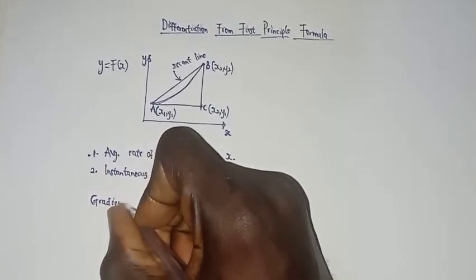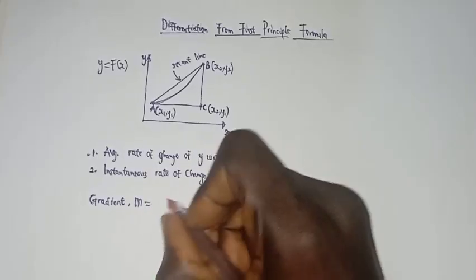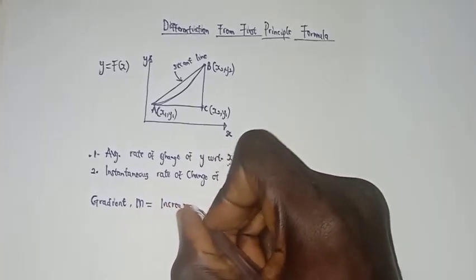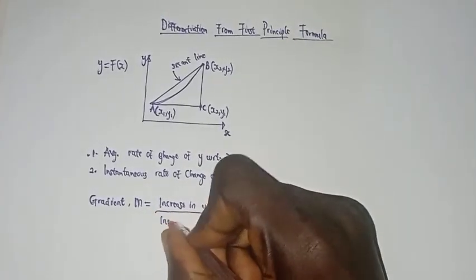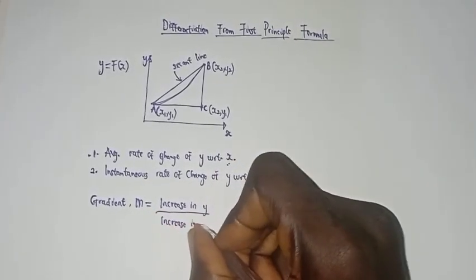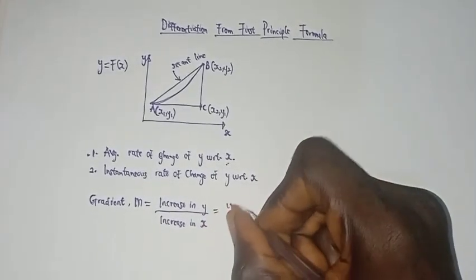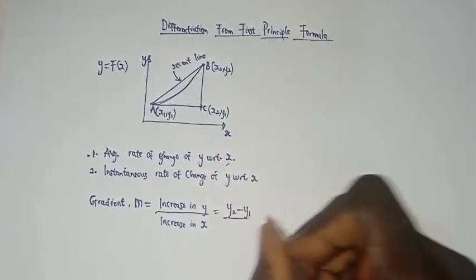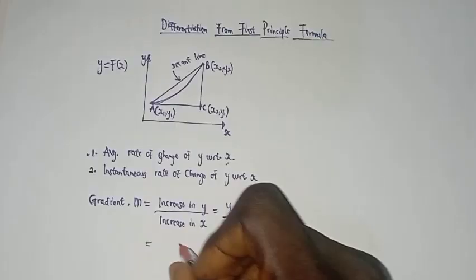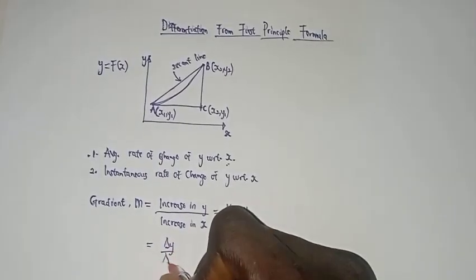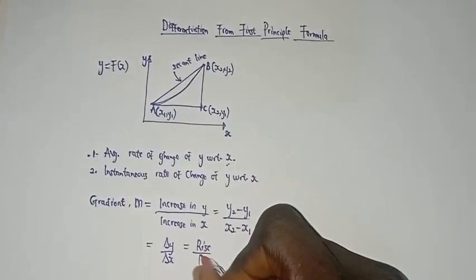It can be represented as m equals the increase in y all over the increase in x, or y2 minus y1 all over x2 minus x1, or delta y all over delta x, or the rise all over the run.